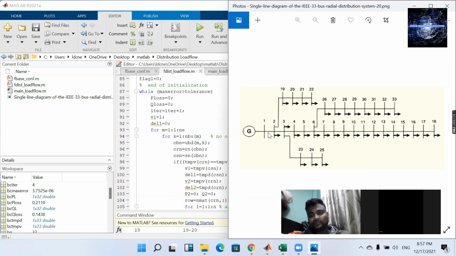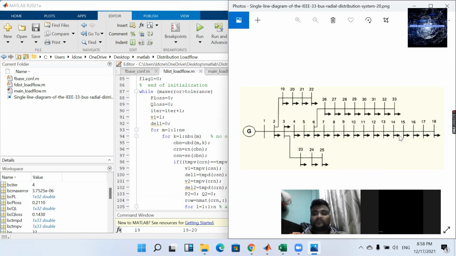For every lateral, one by one, we have to calculate the power flow through each branch. So for the first go, we'll assume there are no branch losses.